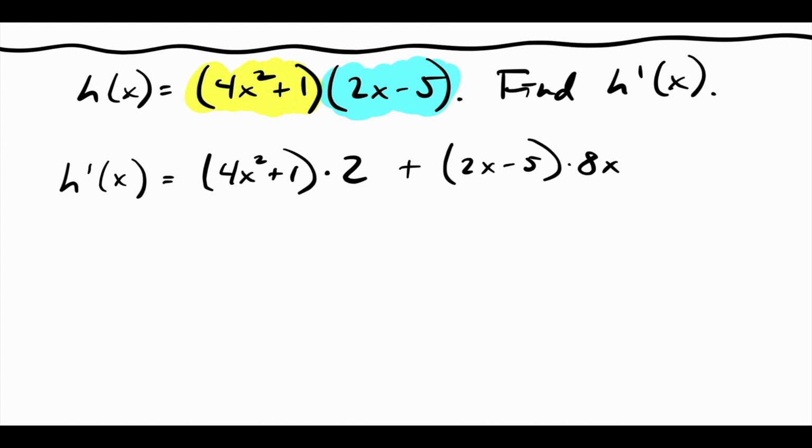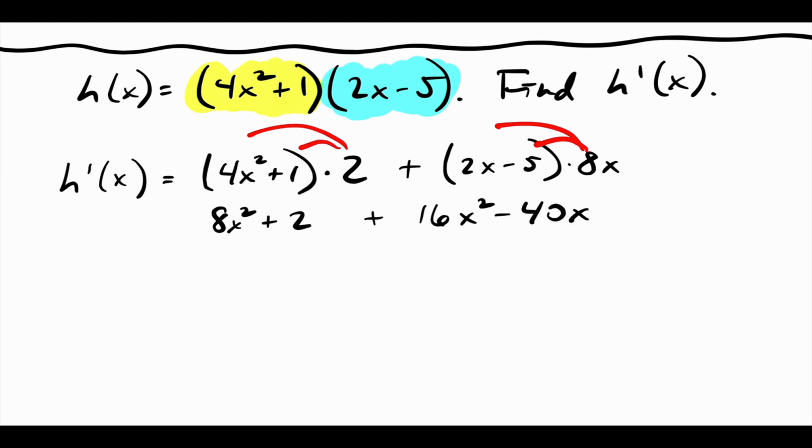Last thing, do a little bit of distributive property. Because it's 2 times everything. It's 8x times everything. So we get 8x squared plus 2 plus 16x squared minus 40x.